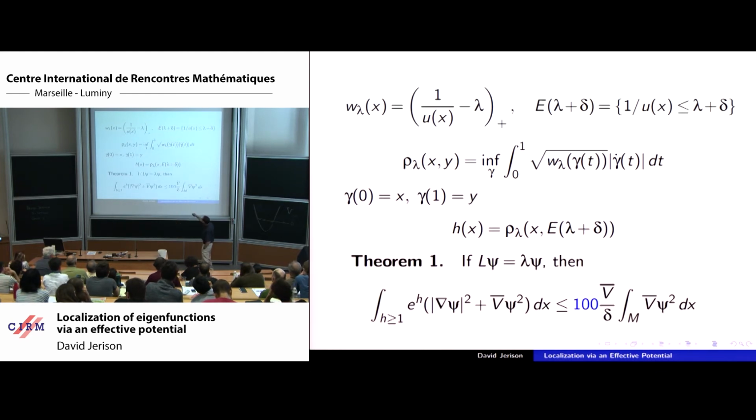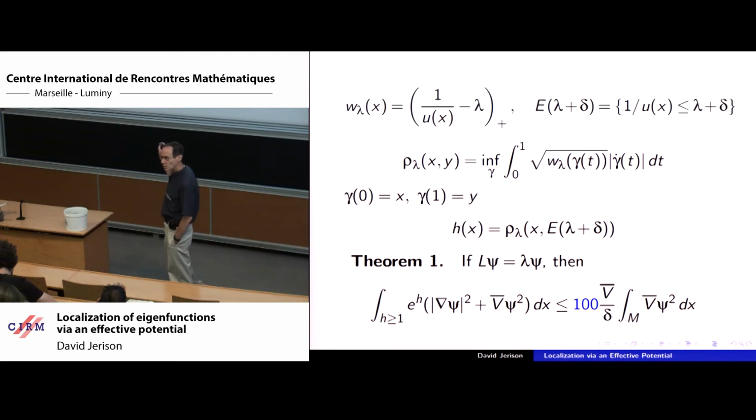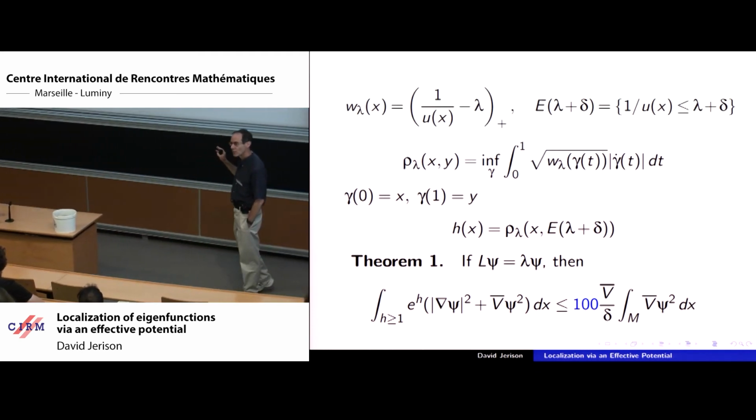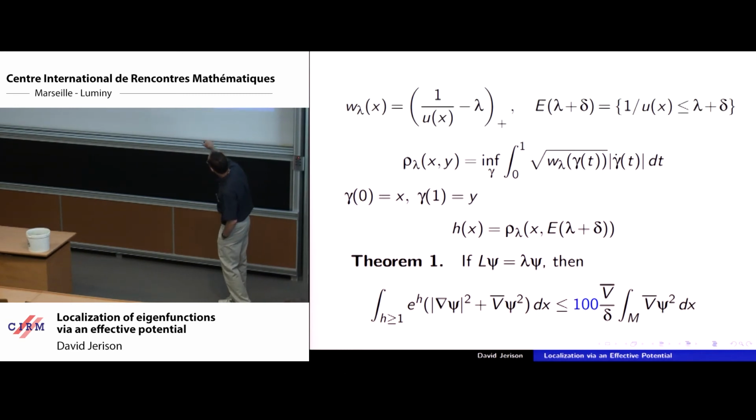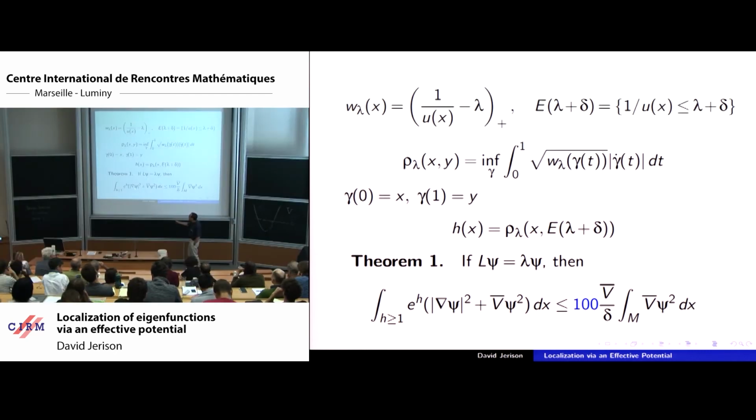The theorem says that if you have an eigenfunction, right now I'm on a compact periodic manifold. Later on we'll see that we could do this on general manifolds. So here's the statement. You have this exponential weight, which is exactly this Agmon distance. You have the ordinary gradient. We've gotten rid of u from this expression. There's no u here.